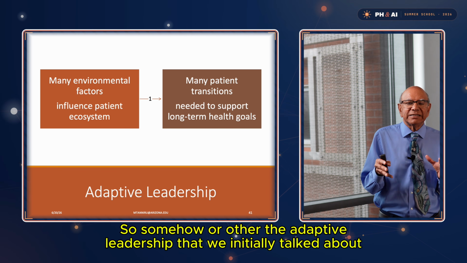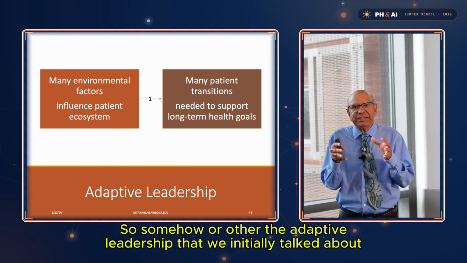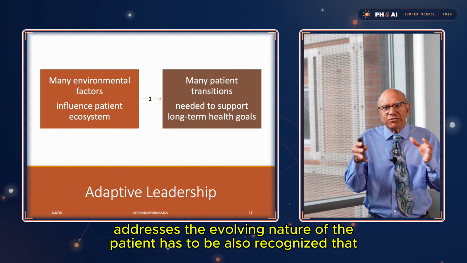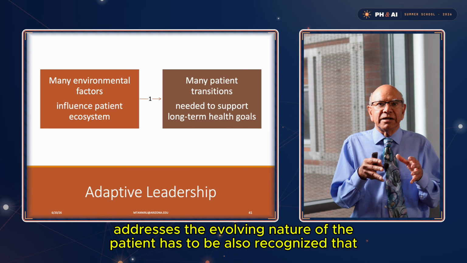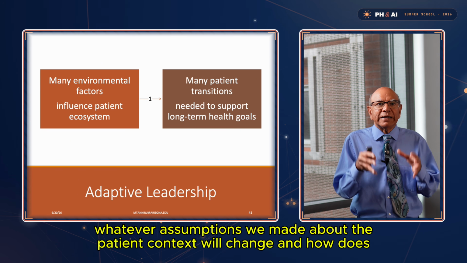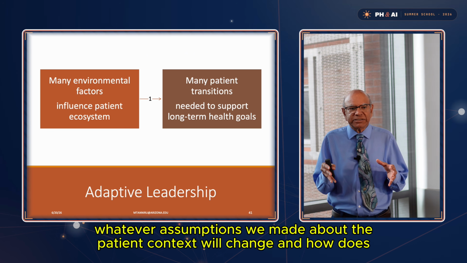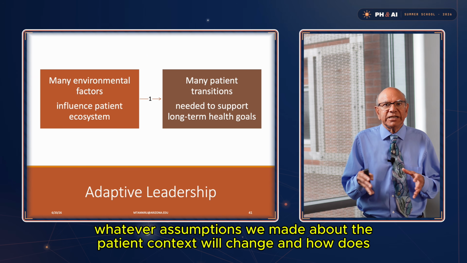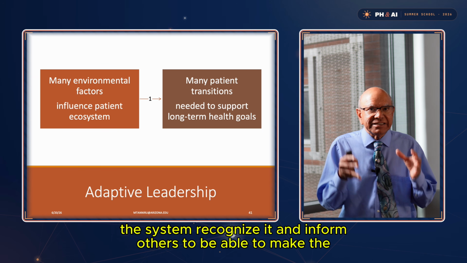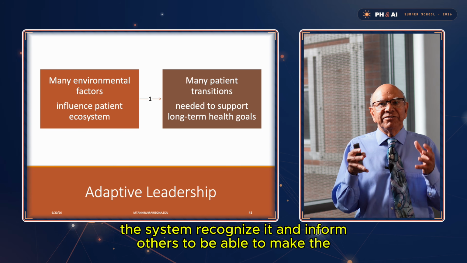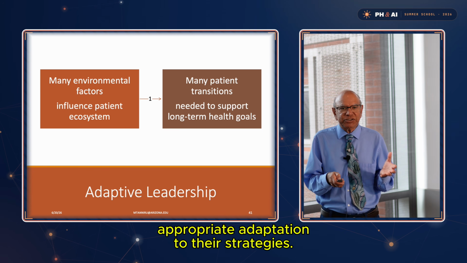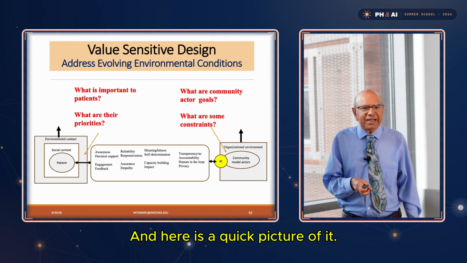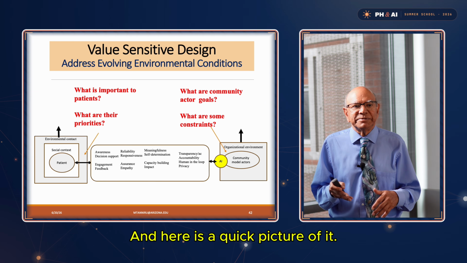So the adaptive leadership that we initially talked about, which addresses the evolving nature of the patient, has to also recognize that whatever assumptions we made about the patient context will change, and how does the system recognize it and inform others to make the appropriate adaptation to their strategies. And here is a quick picture of it.